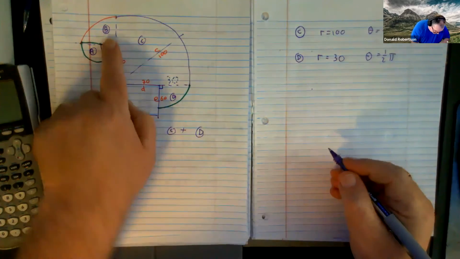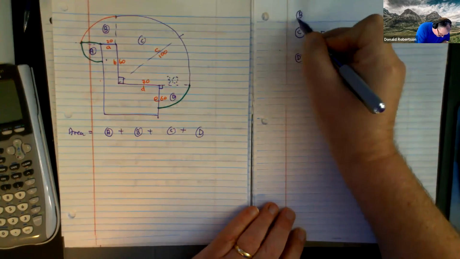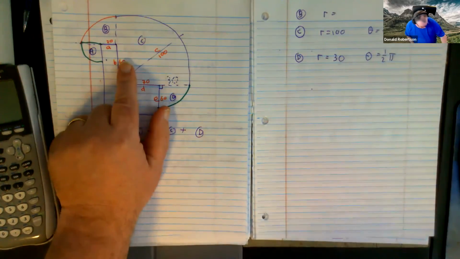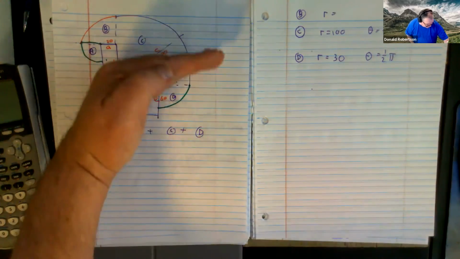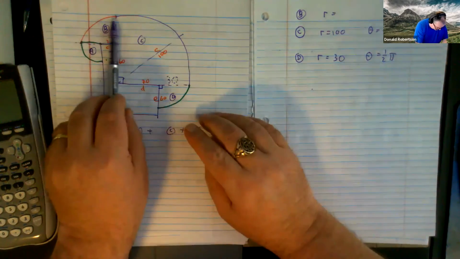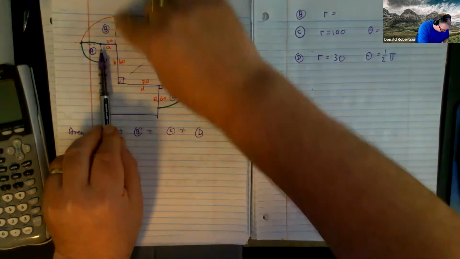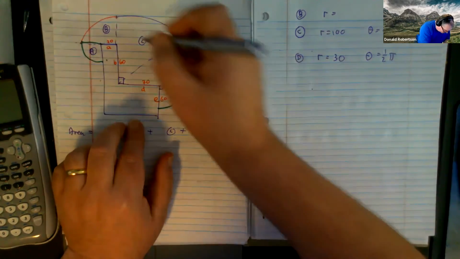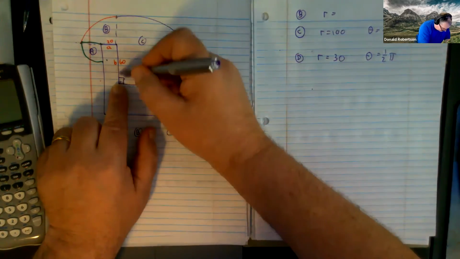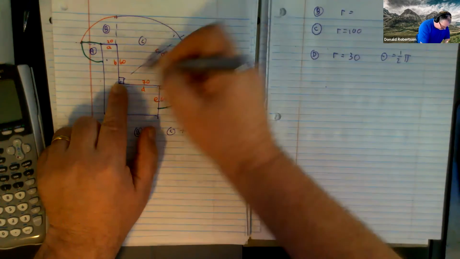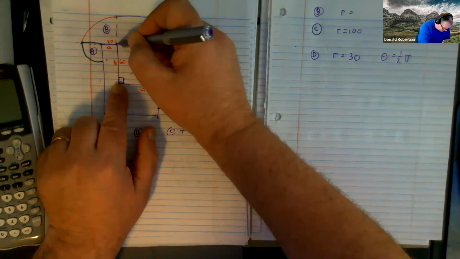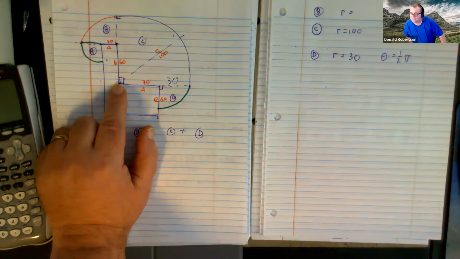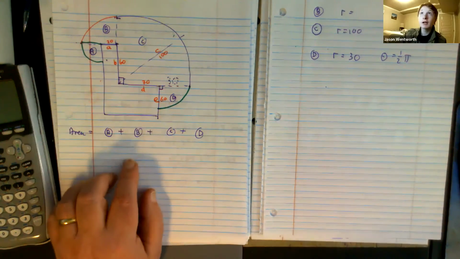Okay, let's get B now. Same kind of argument. Imagine this thing gets to here, right? Which is 100. What does it make the radius? That distance is 100. What does it make the radius, which is here to here? 40.